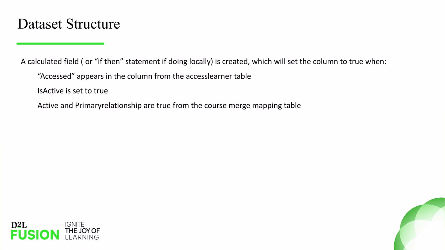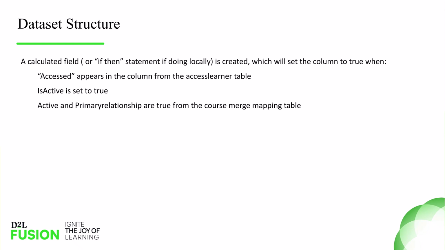All the previous tables are joined together. So the merge table that you saw previously and the merge table a couple slides ago. And then we create a calculated field, or if you do this locally, it is an if-then statement, which sets a column to true when accessed appears in the column from accessed learner, which means the course has been accessed by a student. Is active is set to true.